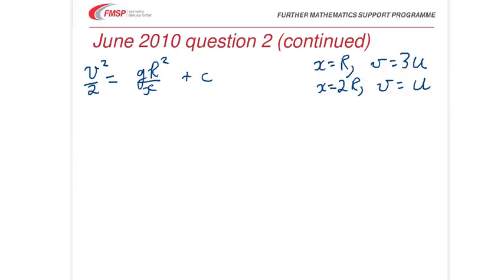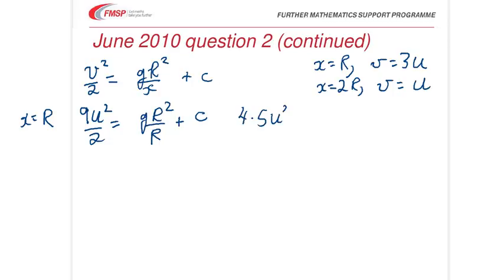Putting those in then, first of all putting x equals r in, we've got 9u squared over 2 equals gr squared over r plus c. So that's 4.5u squared equals gr plus c.